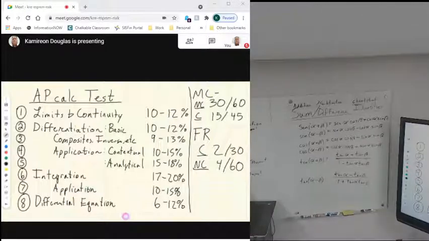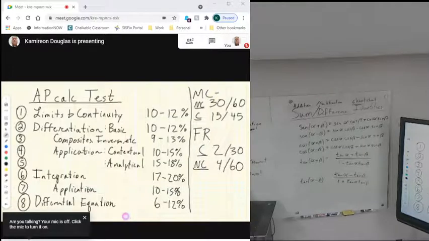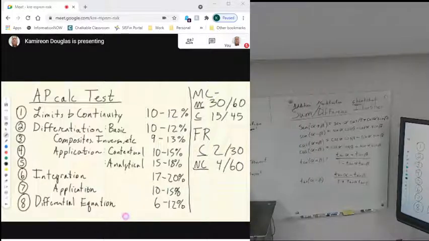Now, some general test taking strategies that I pulled from the ACT that I think apply very well to the AP test. First thing, prioritize questions. Don't start with question 1, then do question 2, then question 3. They are not written in any order typically, so you want to bounce around and get as many of them correct as possible.